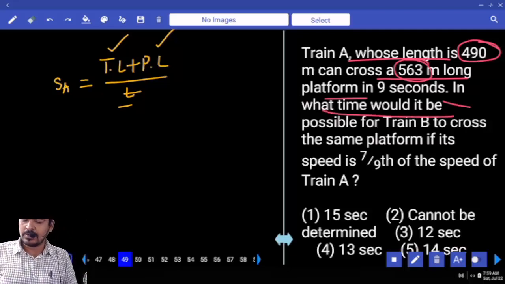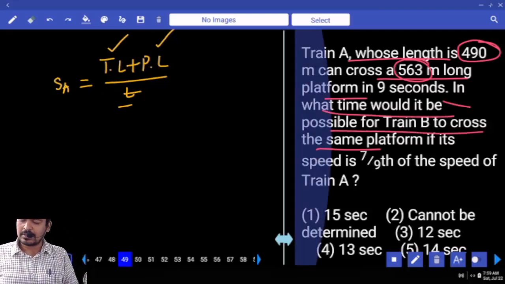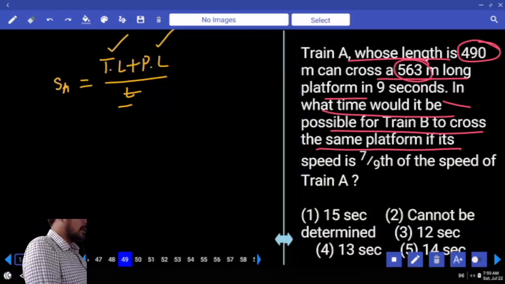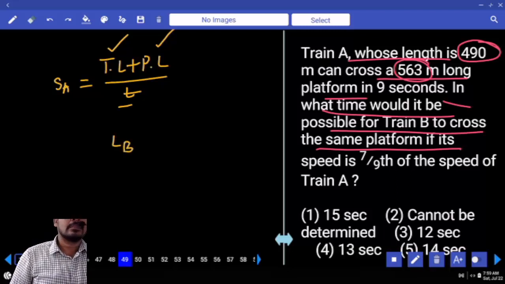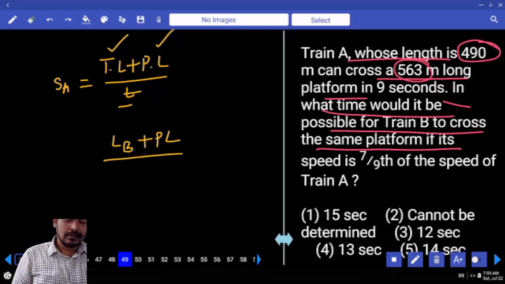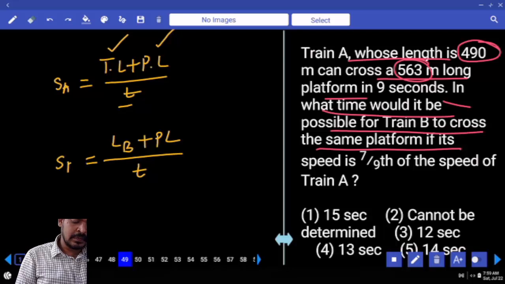In what time would it be possible for train B to cross the same platform? Same platform. Second train length we consider LB. It passes a platform, means LB plus platform length in T seconds, equal to speed of train B.